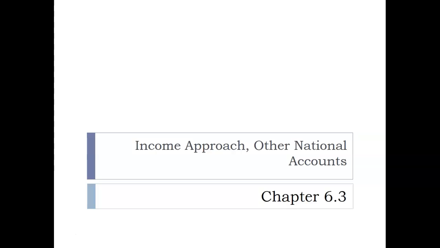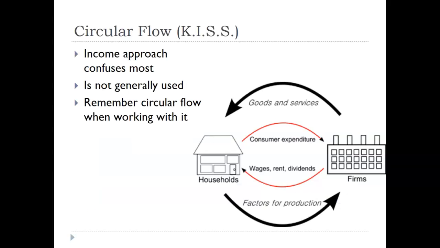It is the GDI, or GNI is gross national income. We'll use GDP and GNP just for the record, but for our purposes they're interchangeable, just in case you do run across that.